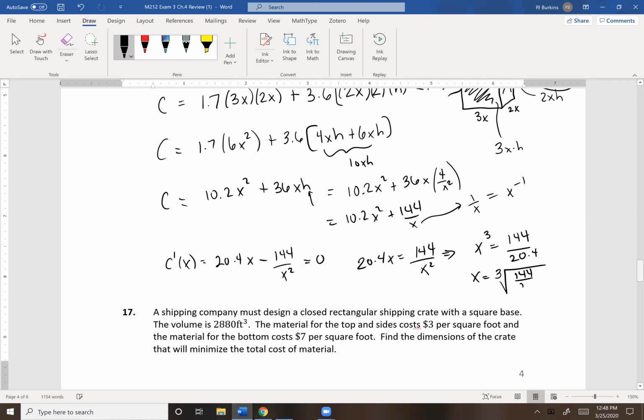144, 20.4. See if we can figure out what that is. So 144 divided by 20.4. It's a nasty number. And I want to take it to the 1/3 power.